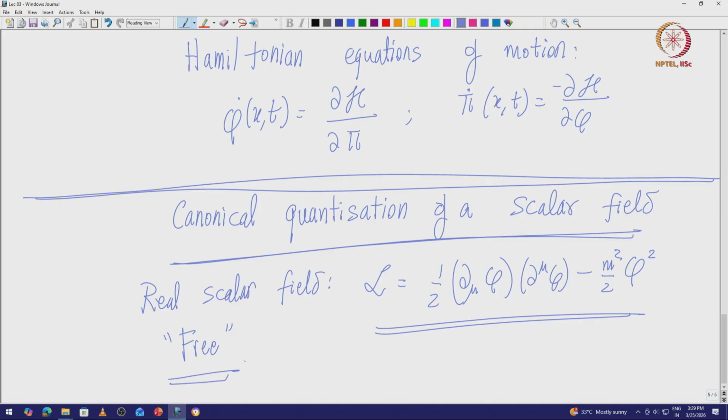So the only other potential term which comes out is the mass term, which is exactly like m square by 2 phi square, okay. Now this expression is very well known to us.